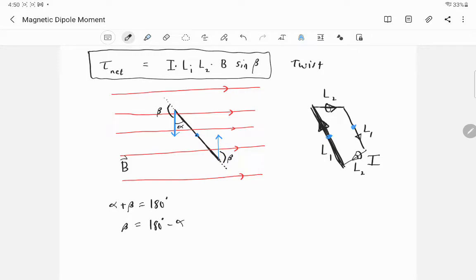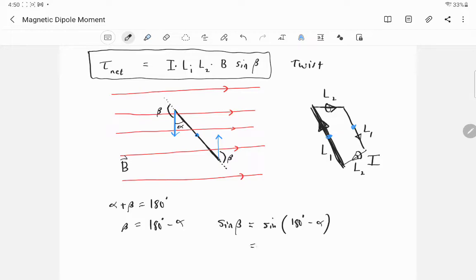And I alluded to this in the previous video, that there's something symmetric about the angles alpha and beta for the sine function. The symmetry is because alpha and beta are the same angle away from 90 degrees. That's a weird way to say it, but what I meant by that comment is that if I take the sine of beta, this is the same thing as the sine of 180 degrees minus alpha.